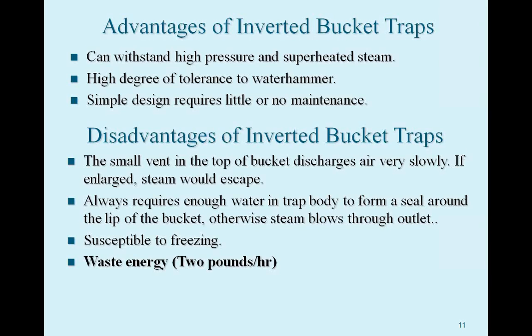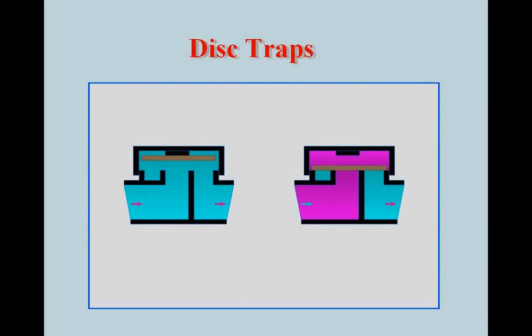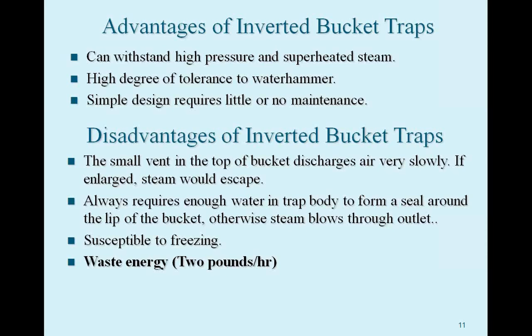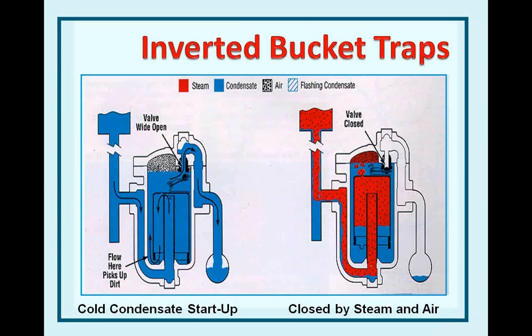Some of the disadvantages. The small vent in the top discharges air slowly and is also prone to wear. You always need to have some water in the trap to form a seal. You always have to have a little bit of water here in the bottom, so when steam comes in, it hits that water, and that will allow the bucket to float.